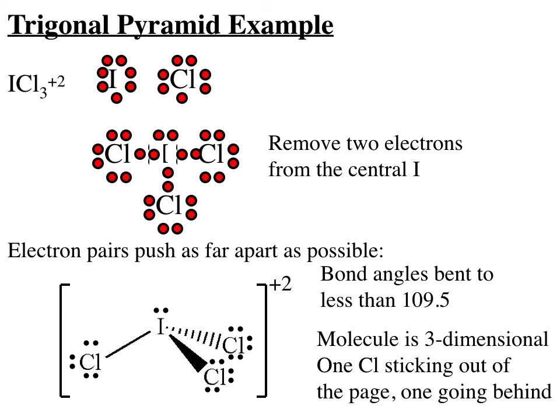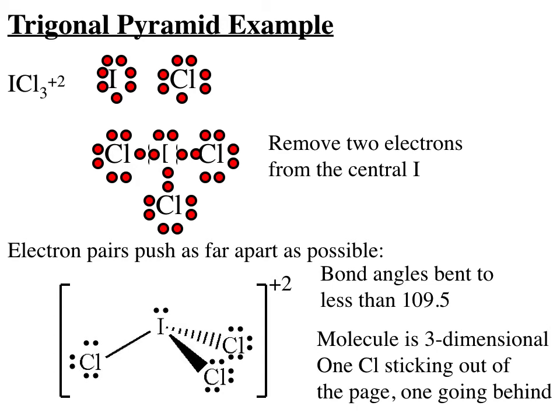It will get 1 from each of the Cl's. The Cl's each need 1 electron. They will get one each from the I. So there will be 3 single bonds outward to the Cl's and one remaining non-bonding pair of electrons on I. So the Lewis dot structure with dots is shown in the middle of the picture.